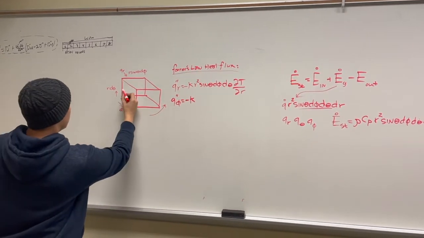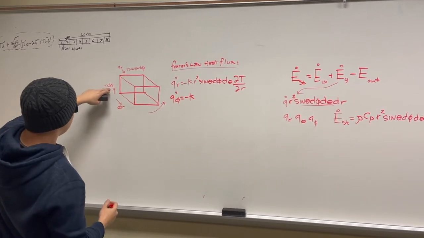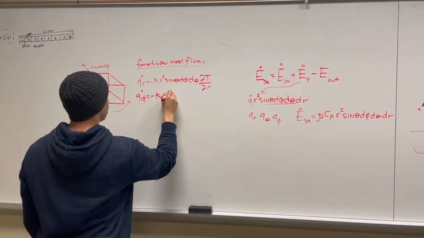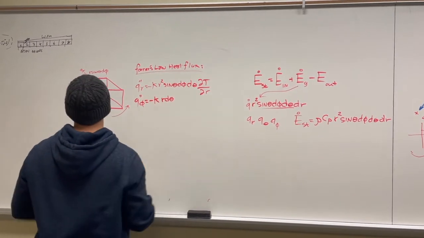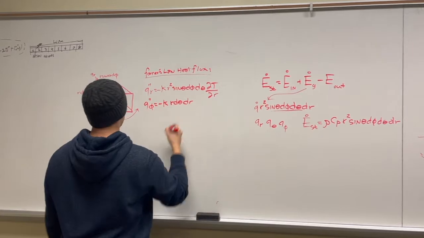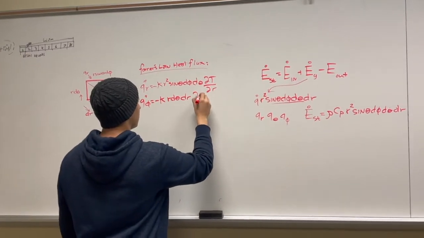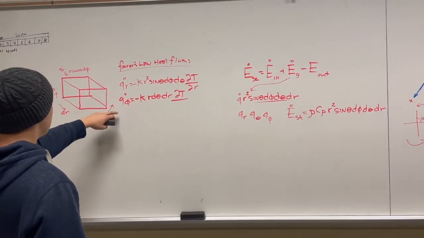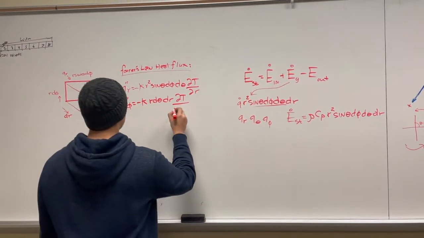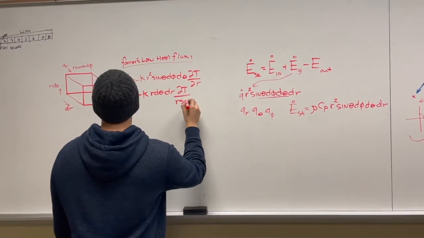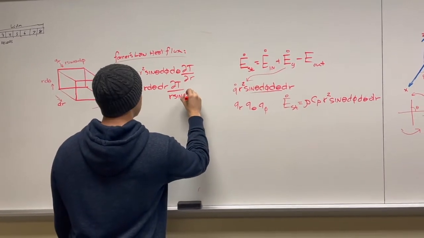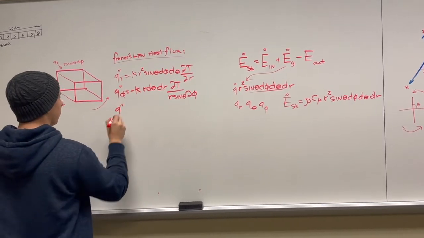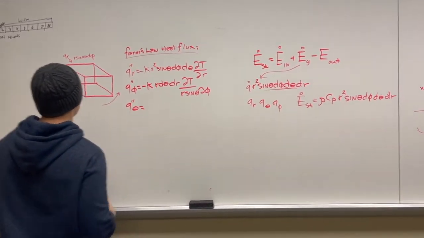So this surface right here, you have r d theta, and you have dr. So r d theta, you have dr, and how this temperature gradient is changing with respect to the phi direction. So it's going to be r sine theta d phi.